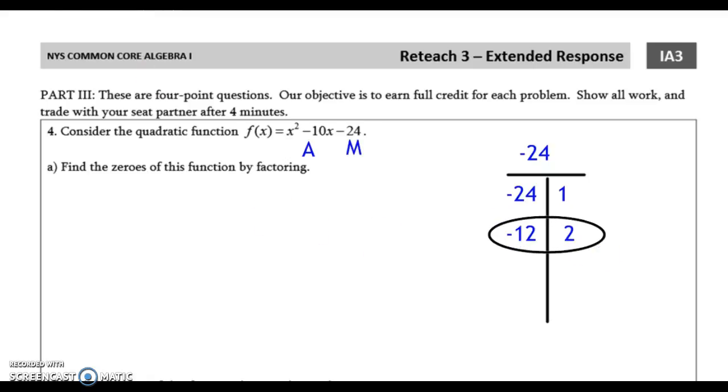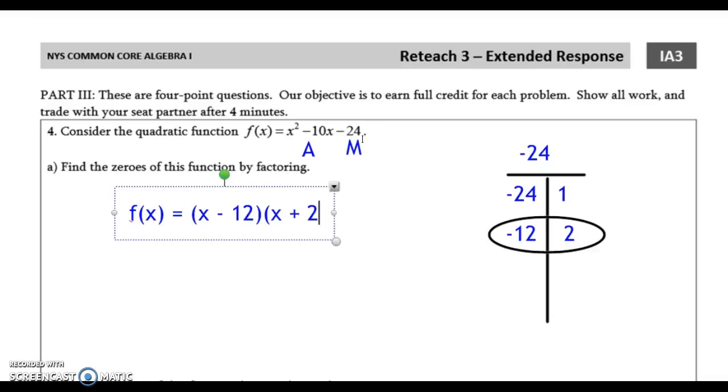So if I were to factor the function, it would look like this. F of x equals, instead of writing x squared minus 10x minus 24, I'm going to represent it as two factors, x minus 12 and x plus 2. Those are the two factors that I've identified over here in my AM chart. When I'm looking for the zeros of a function, I need to represent the fact that f of x is equal to, that's right, 0.